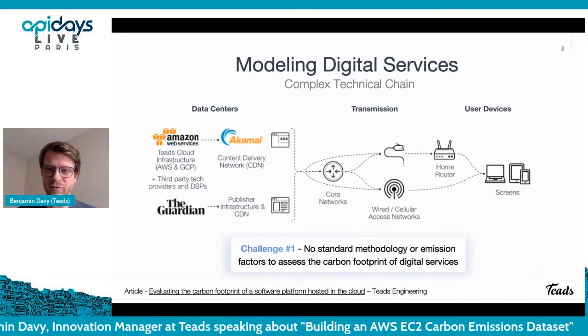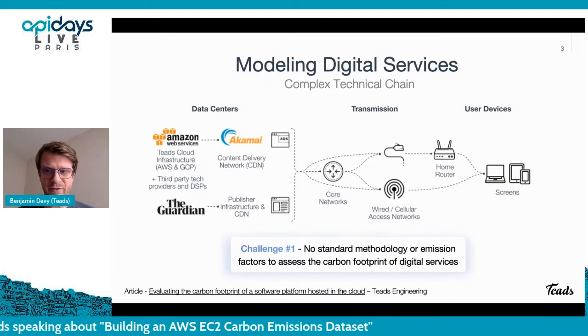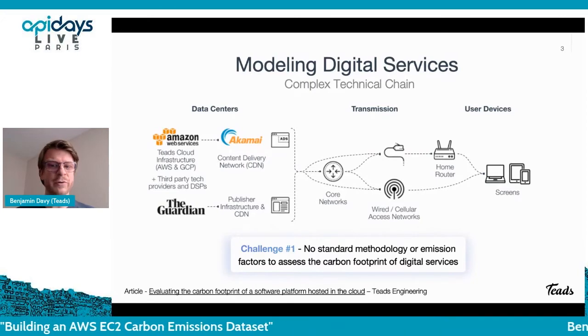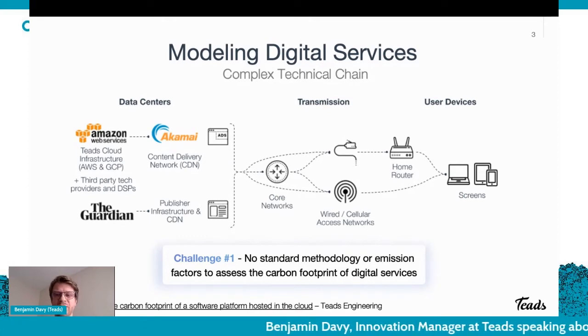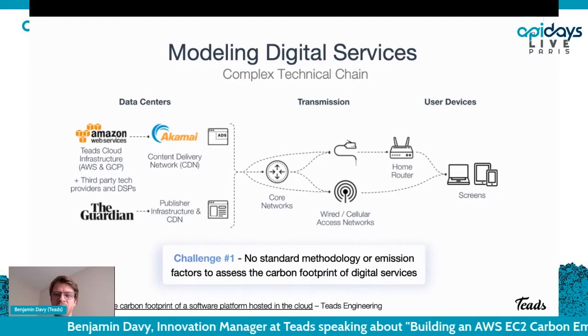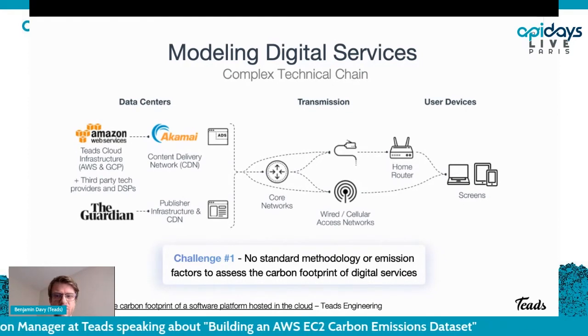Here you can see an overview of the main moving parts involved for our advertising service. All these are generating impacts from the cloud data center to the network infrastructure and the device displaying our ads. And today there is no standard methodology or even emission factors to assess a digital service like this one.